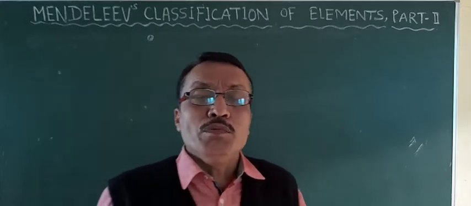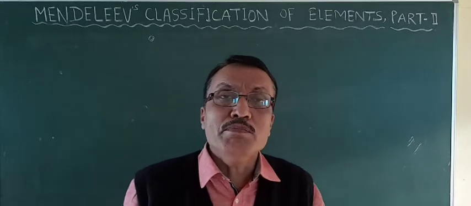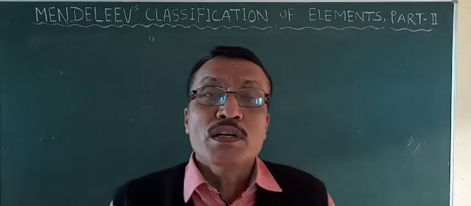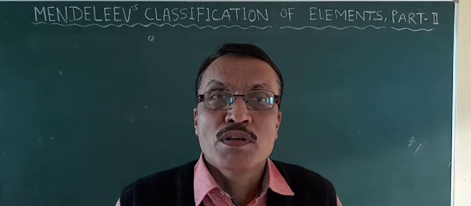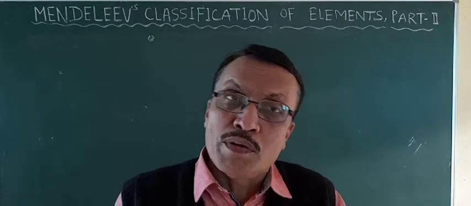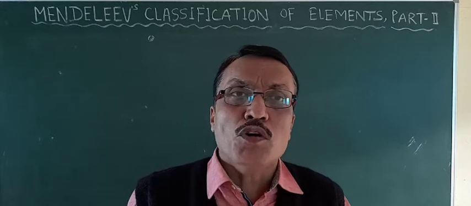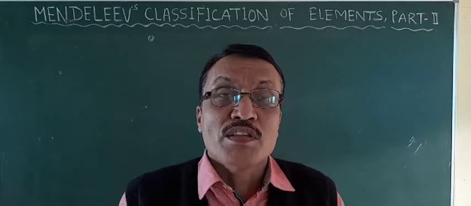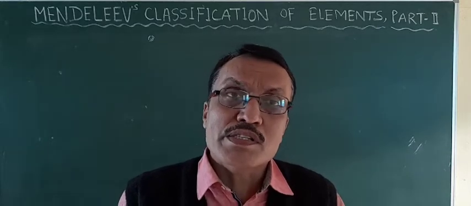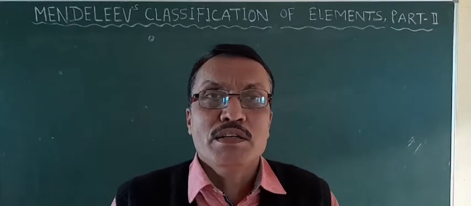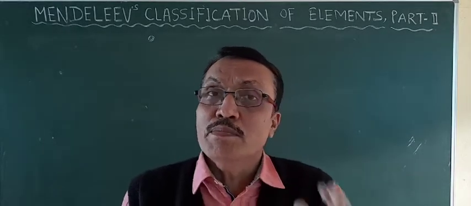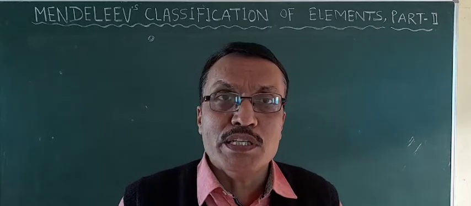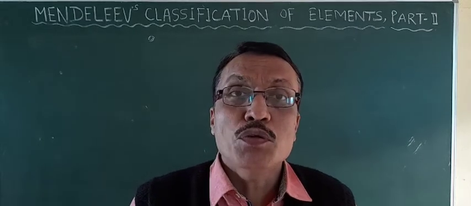And you must know, my dear students, at the time of Mendeleev, there was no discovery of noble gases. So, when noble gases were discovered later on, these elements were separately added in Mendeleev's periodic table at the extreme right of his periodic table by giving zero group.